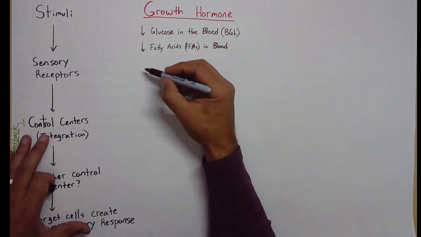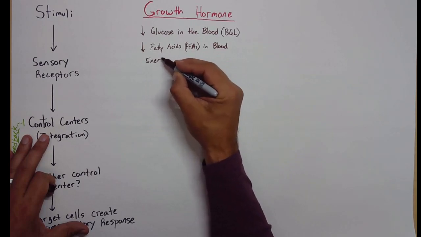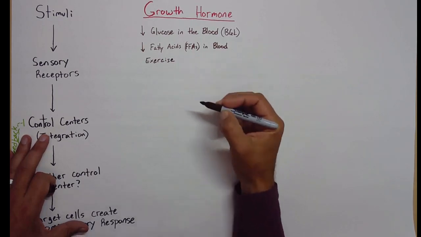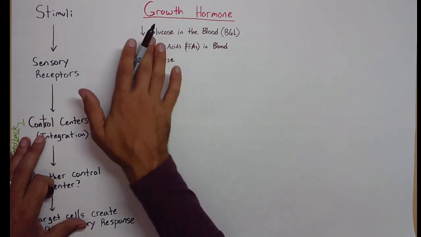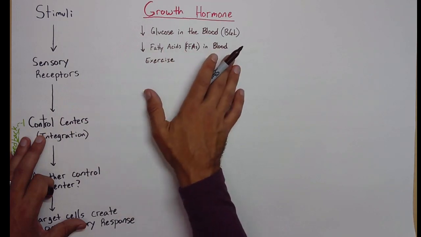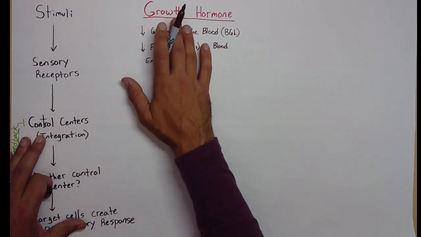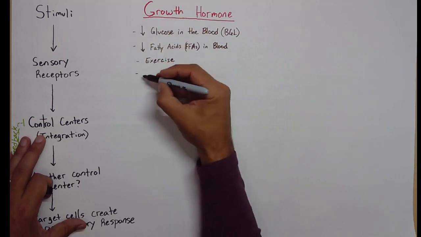Another powerful stimulus for growth hormone release is exercise. Because what do we want to do? Exercise is going to increase blood glucose levels, increase fatty acids in the blood, and help us grow. Another powerful stimulus is age.